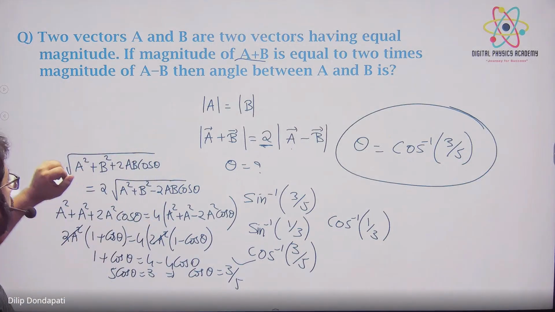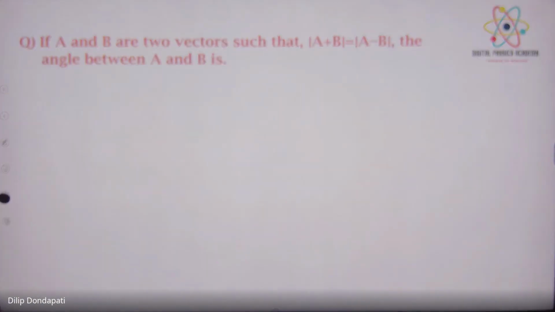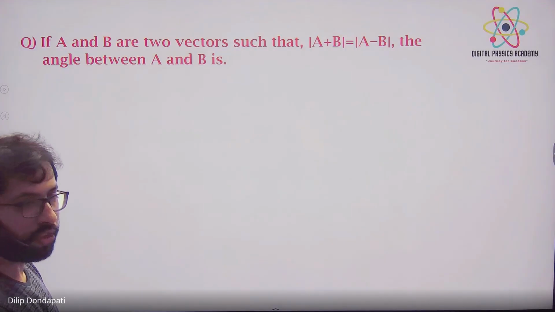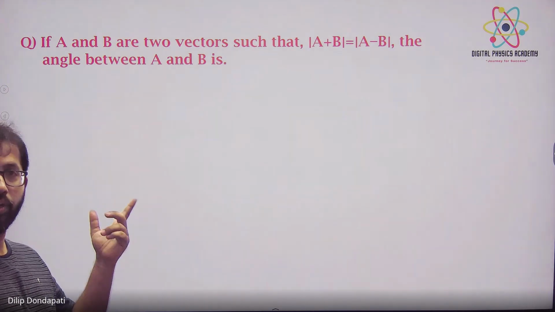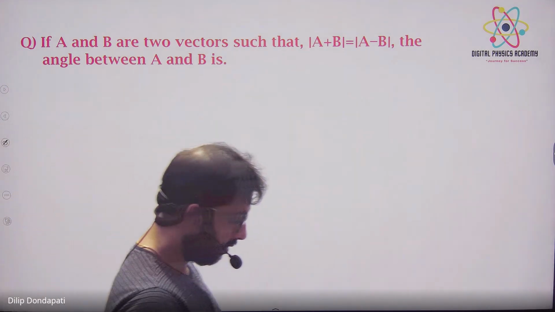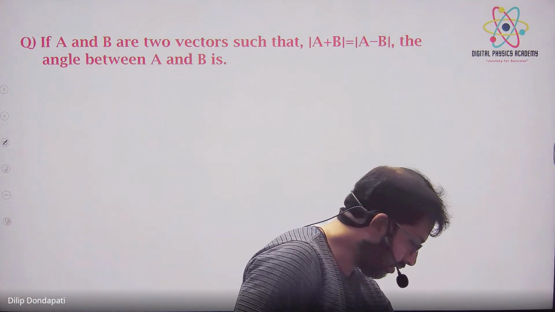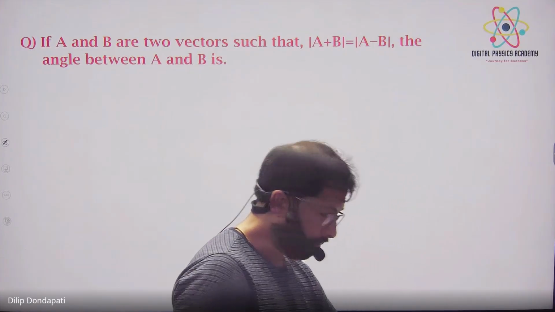Okay, try the same model. Now magnitude a plus b is equal to magnitude a minus b. Now there is no 2 times or 3 times. Sir, give 2 minutes.